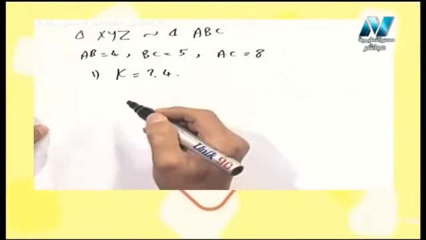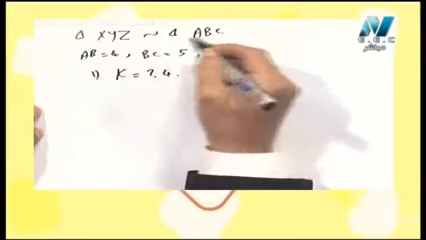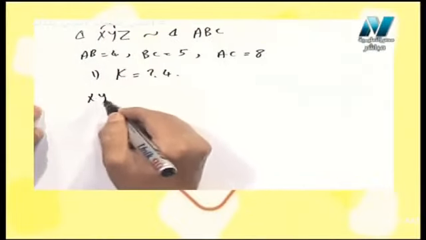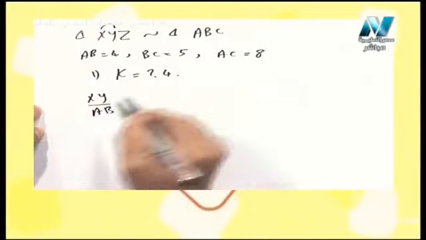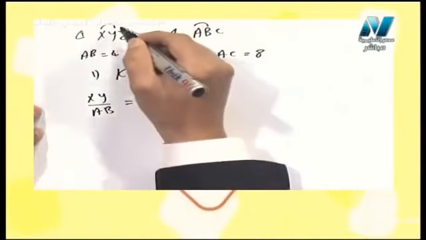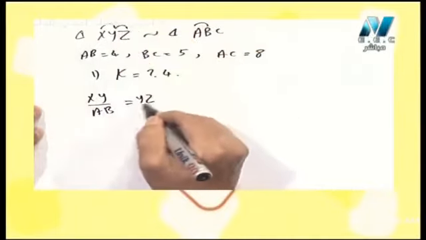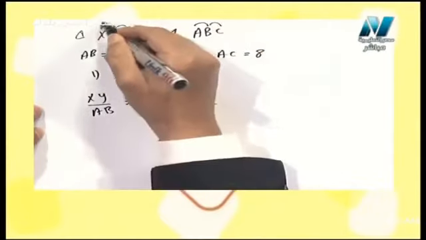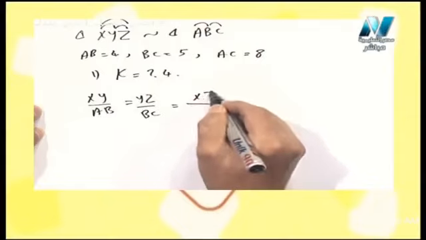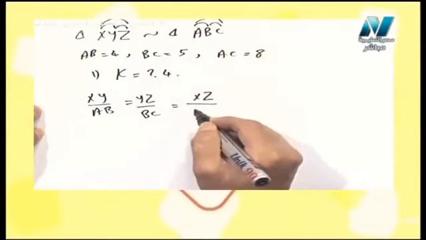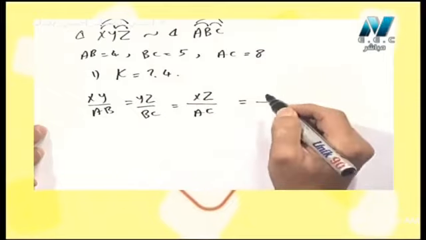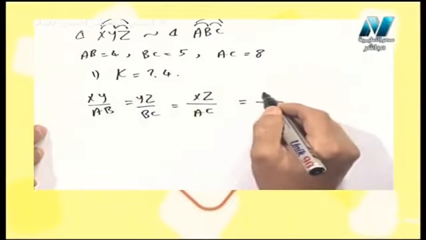Okay, if triangle XYZ is similar to triangle ABC, we can say XY over AB equals YZ over BC equals the last side XZ over AC equals the ratio 2.4 over 1.